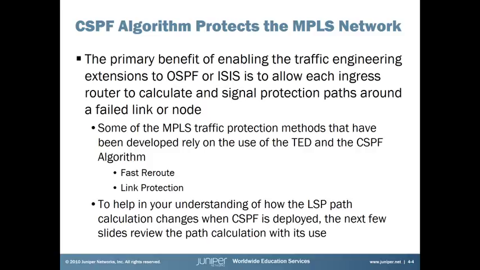So BGP doesn't calculate the route. What BGP does is it receives routes from other routers. In fact, it receives lots of routes from other routers, and it just figures out what is the best route to my destination. So I've got all these different possible routes that I've been informed of. Let's take a look at all of them and figure out what is the best route to the destination.